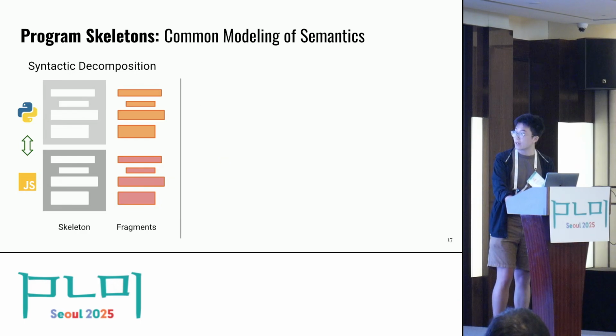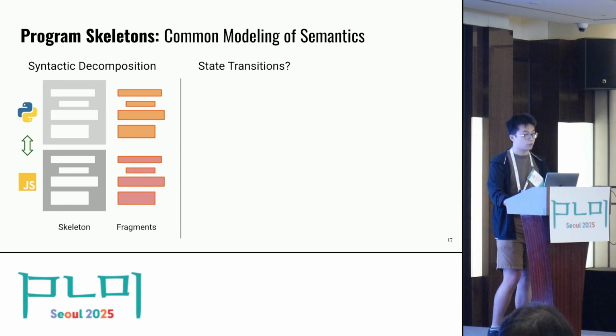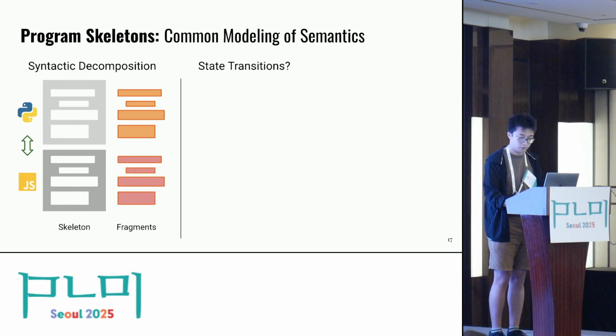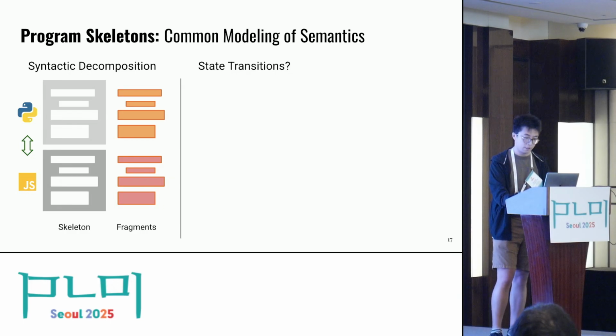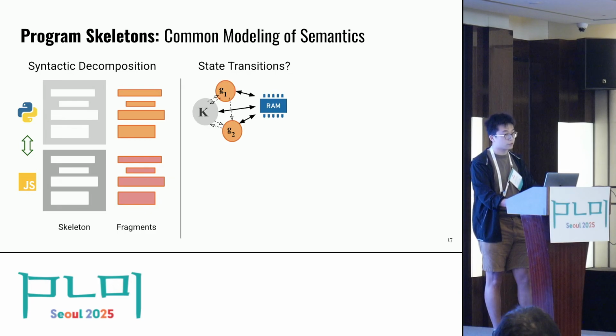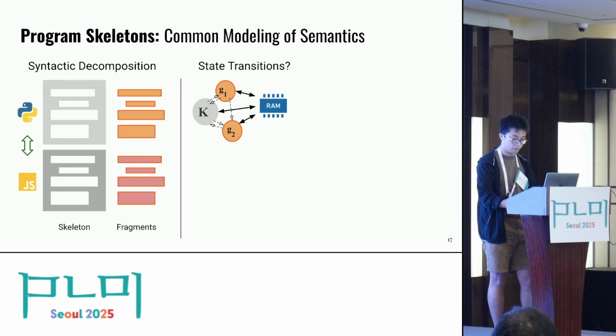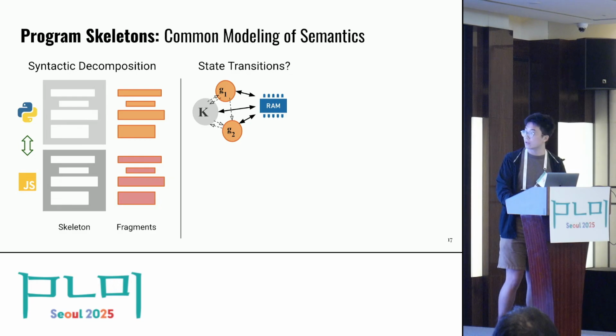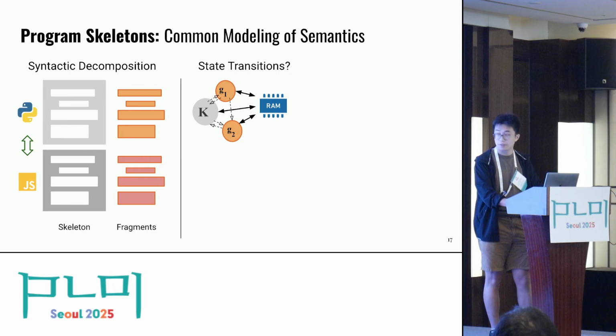To naturally capture side effects, an alternative way to model the semantics is to consider the program as a state transition system. In such a model, control flow transfers between code fragments, and this transfer is associated with state transitions to a shared memory state, represented by a RAM module in the figure.